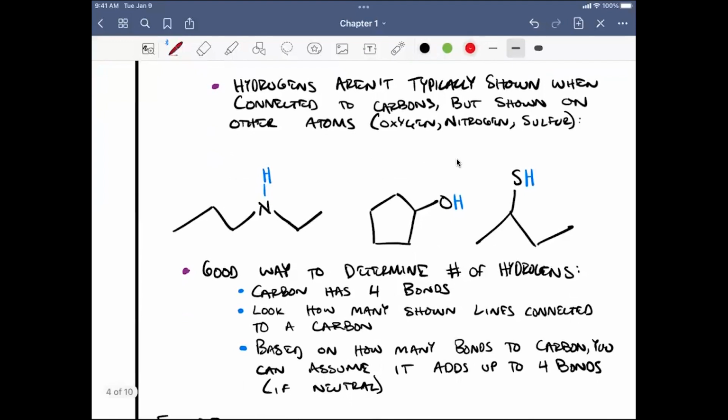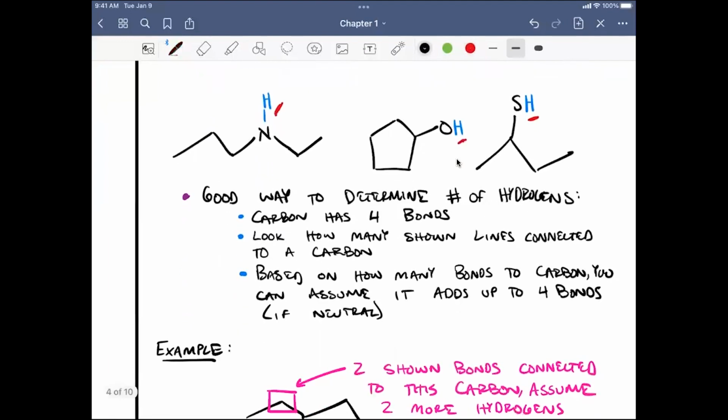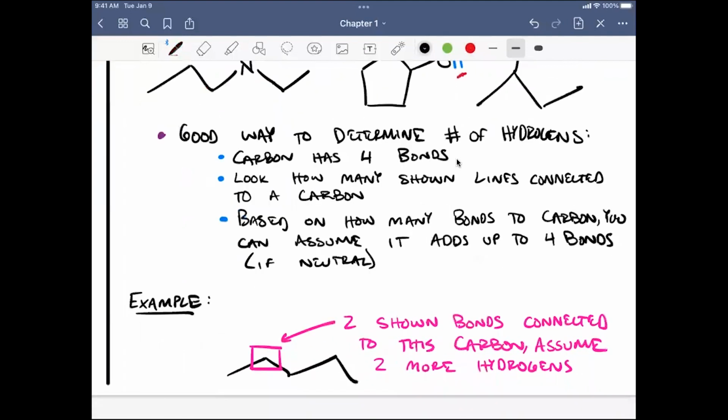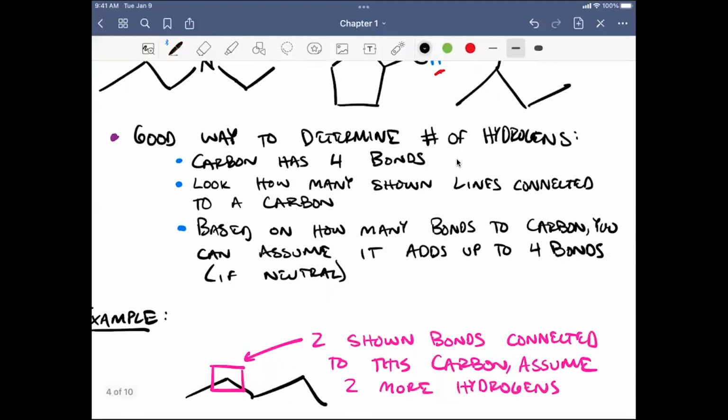You can see in blue, we have all of our hydrogens. So a good way to determine the number of hydrogens is to remember that carbon has 4 bonds. So you look at how many lines are shown to the specific carbon, and if it doesn't have a formal charge, then you know how many hydrogens to add to it. So that's what I wrote right here. You can see in this example, there are 2 bonds shown to this specific carbon.